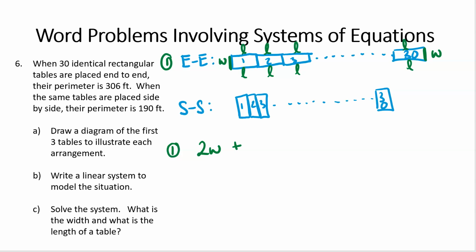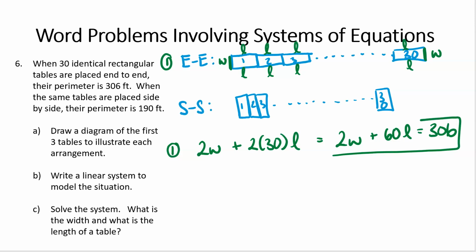With 30 tables, that's 2 times 30 table lengths. To clean this up a bit, we can say 2W plus 60L equals the perimeter of 306 feet. That's my equation number 1.